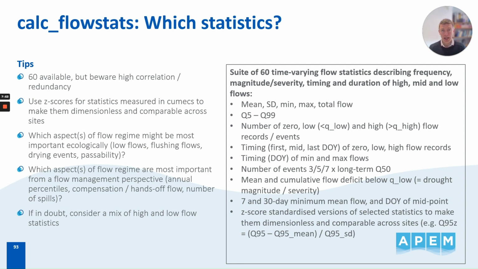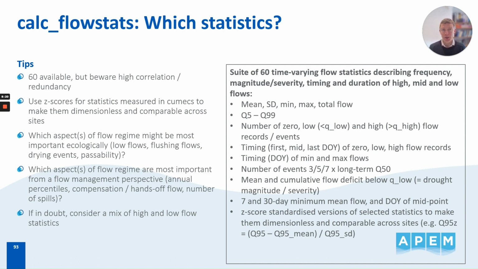Remember also that flow statistics which describe the number of events, for example the number of drought or flood events during a particular time window, and also statistics which describe the timing of, for example, high or low flow events, will be directly comparable across sites because they are either simple counts of events or the timing statistics are based upon the day of the calendar year.